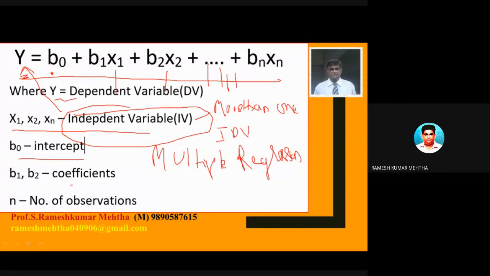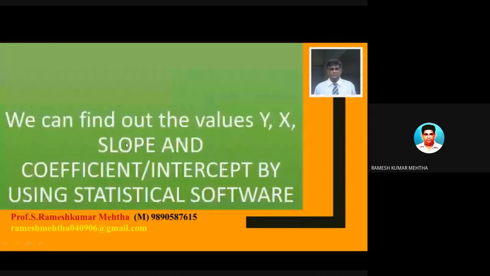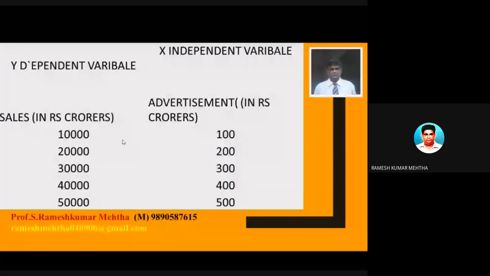Next, b1, b2, b3, b4, b5, bn are the coefficients of x1, x2, x3 respectively, and n is the number of independent variables. Hope you have understood so far. Now we can find out the value of the slope and coefficient, that is the intercept, by using statistical software.